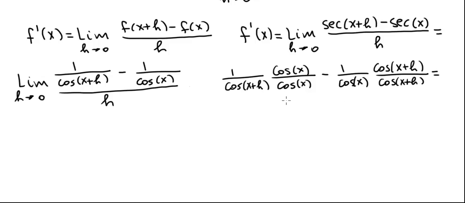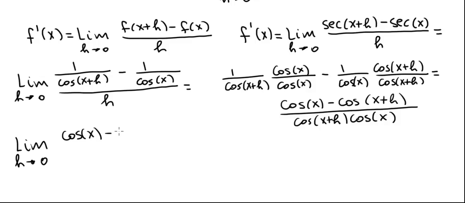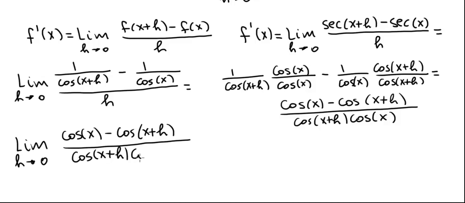So this is now equal to cosine of x minus cosine of x plus h, divided by cosine of x plus h times cosine of x. So we return here to the limit. It now looks like this: limit as h approaches 0 of cosine of x minus cosine of x plus h, divided by cosine of x plus h times cosine of x, divided by h.